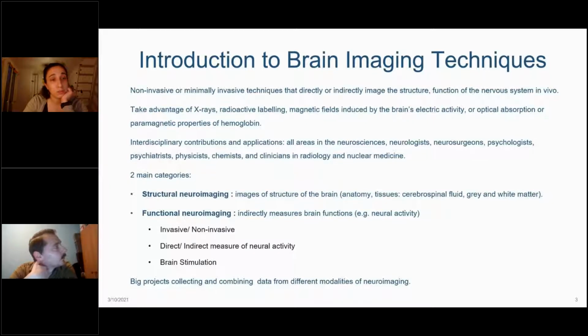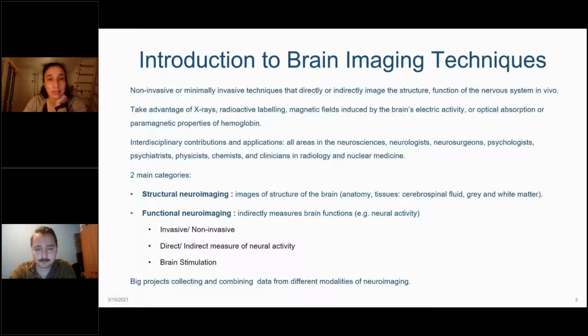And apart from those two categories, we can go further and group techniques according to how invasive they are, or if they measure neural activity directly, or if they measure something else that shows a neural activity, and whether there is a stimulation process, a process which alters the brain activity.